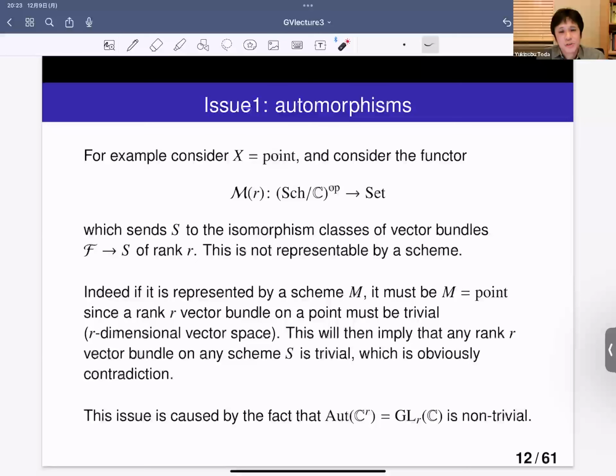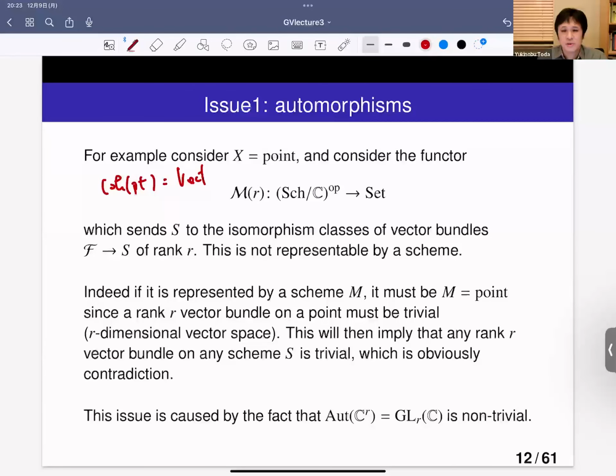For simplicity, let's consider the case where X is just a point. In this case, of course, the category of coherent sheaves over the point is equivalent to the category of finite dimensional vector spaces. So this is nothing but considering the moduli space of vector spaces.